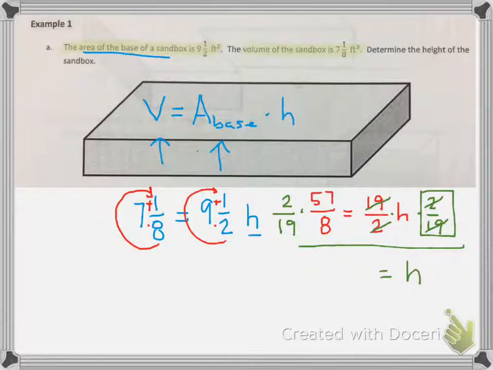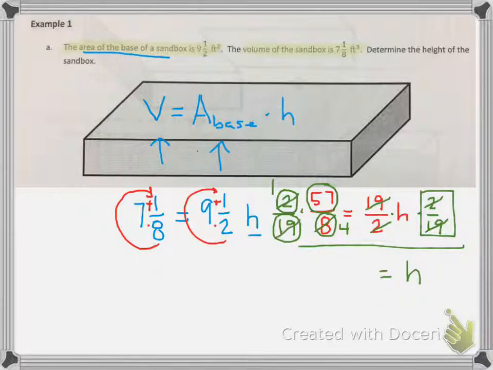Now here I would suggest that you simplify before you multiply. And notice that this 2 and this 8 have a common factor of 2. So divide them each by 2. 2 divided by 2 is 1, and 8 divided by 2 is 4. And now I have a little bit easier multiplication. I also recognize that 19 and 57 have a common factor, and it is 19.